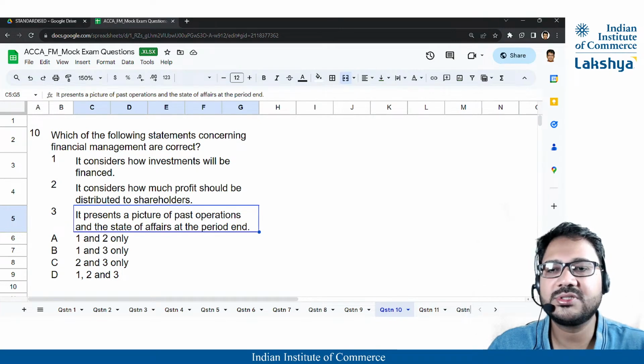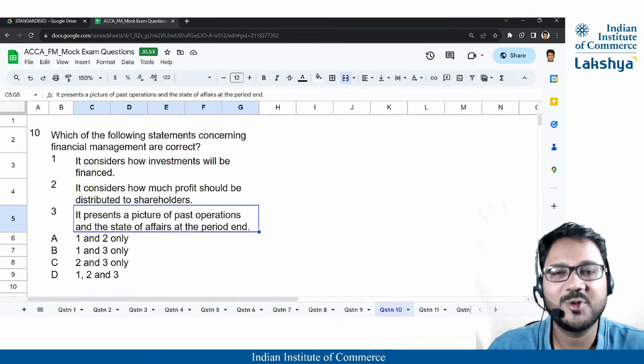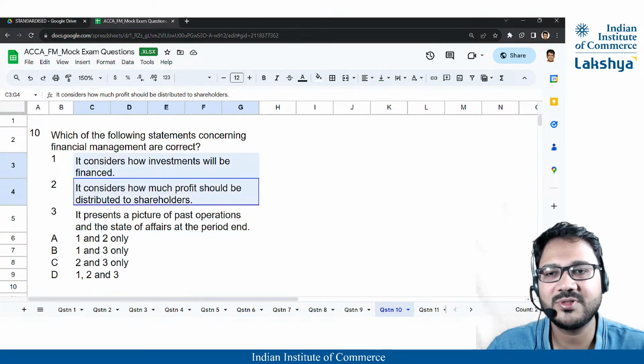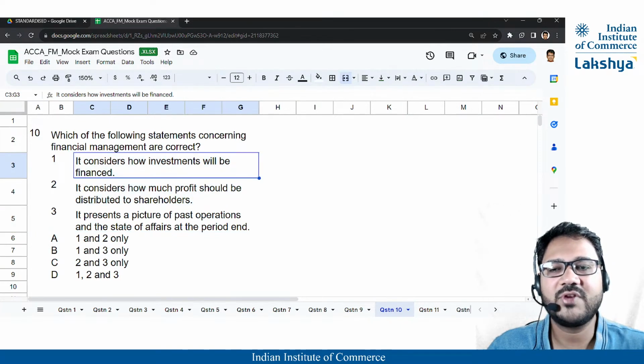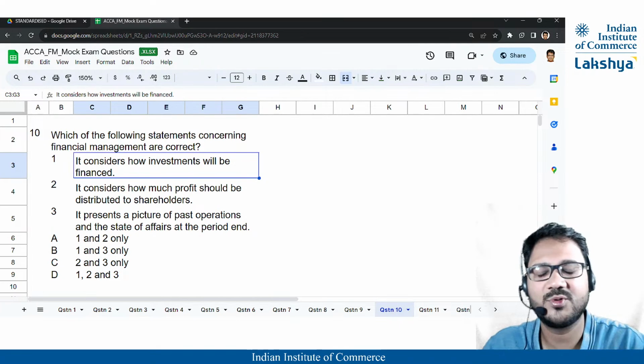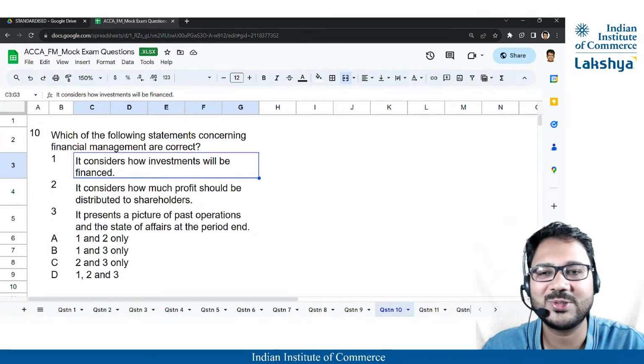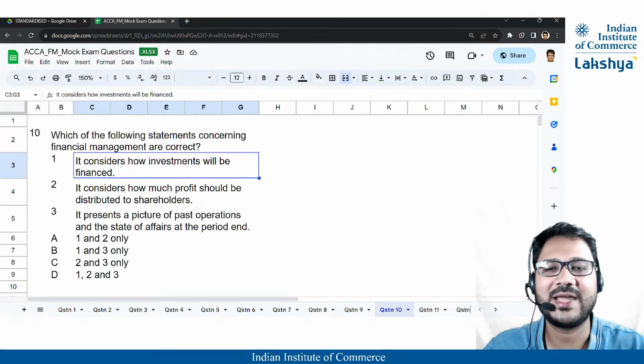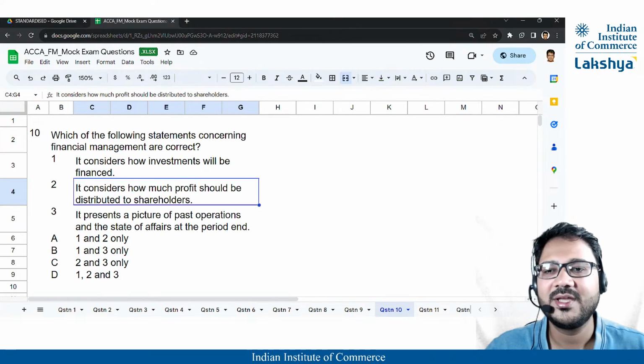Well, this sounds like accounts, books of accounts, which financial management does not do. But these two, yes, financial management has to deal with how investments will be financed. So sources of funds, we have a chapter on this, and also cost of capital. Business finance is a topic entirely.